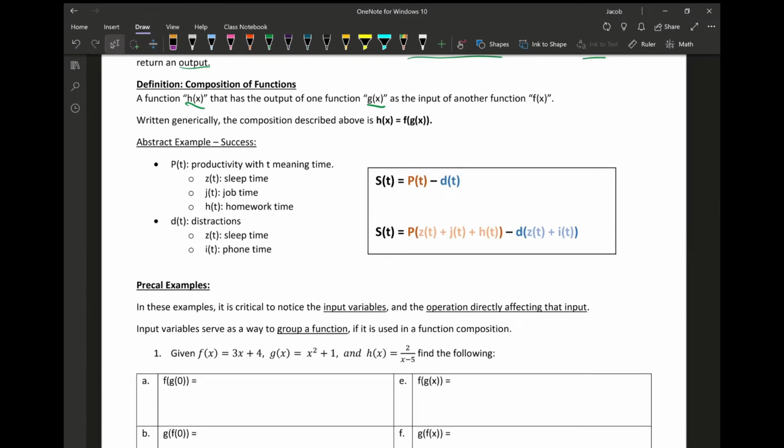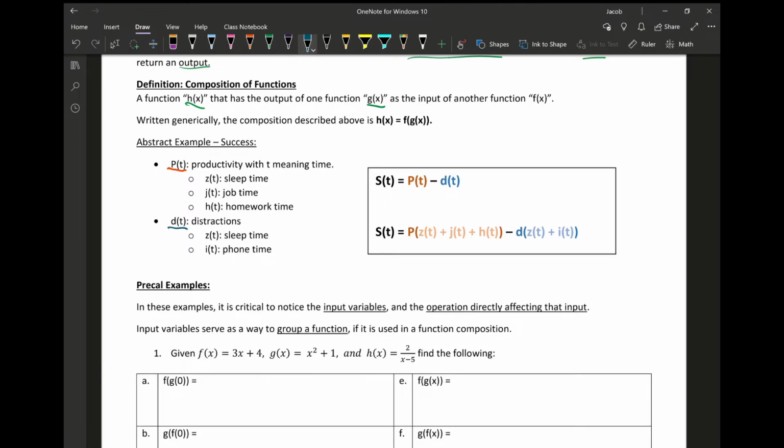I wanted to include kind of a goofy abstract example based around success. Here is your productivity and then your distractions, and they're going to compete with each other to basically achieve something, whether that's doing well at school or at your job or anything like that.